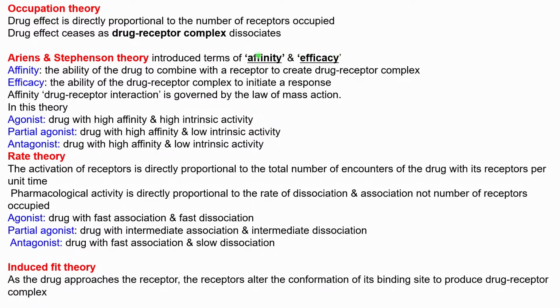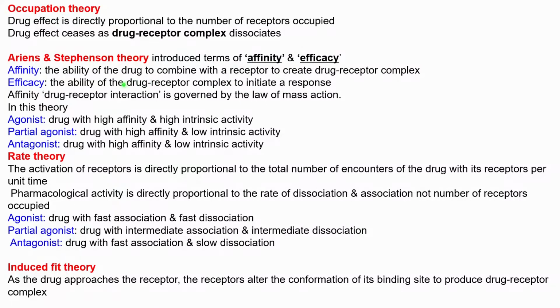Next, terms are affinity and efficacy. Affinity, the ability of drug to combine with receptor to create drug receptor complex. Larger is affinity, lower concentration of drug you need. Efficacy is ability of drug receptor complex to initiate the response.